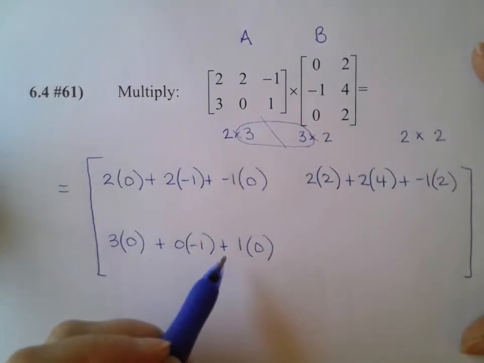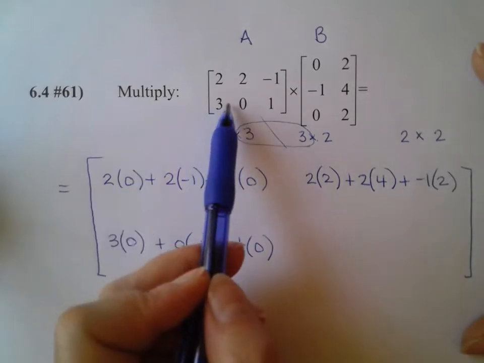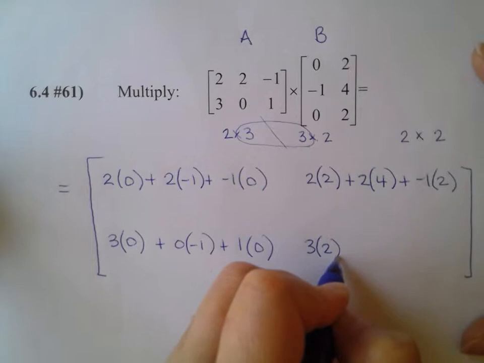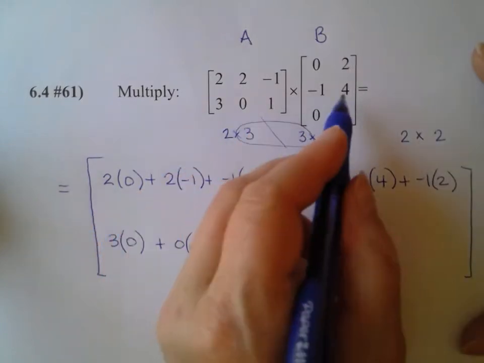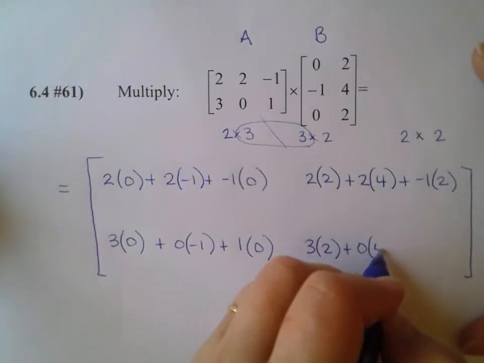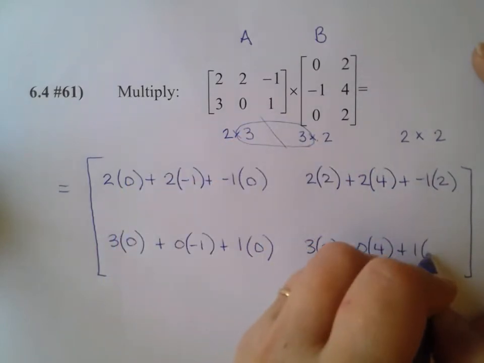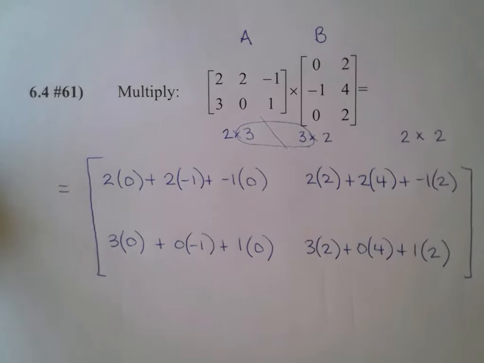And I'm going to add those up just the same. Then second row times second column. 3 times 2 plus 0 times 4 plus 1 times 2. Okay, and I'm going to calculate what each of those is, and that's going to give me my result.